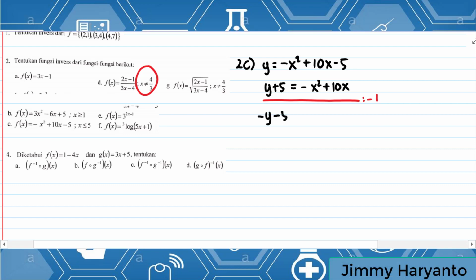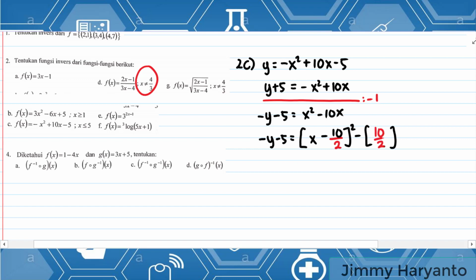Negative y minus 5 equals to x square minus 10x. You can use completing square to solve this. So negative 10, remember, over 2 always, 10 over 2, and then square. Negative y minus 5 equals to x minus 5 square minus 5 square, 25.